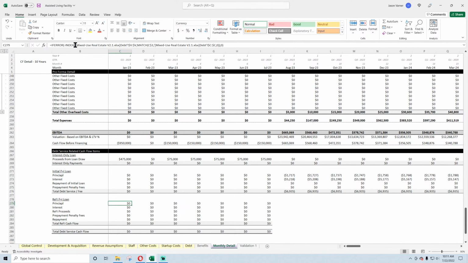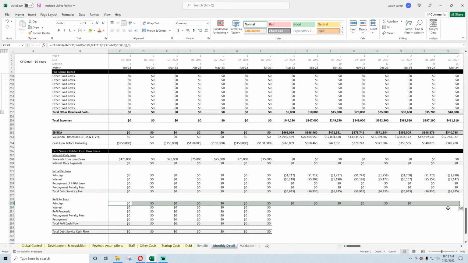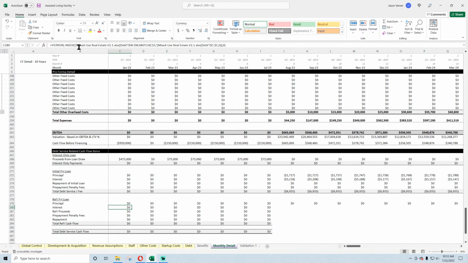Okay, and now we just gotta re-reference this section and we should be good to go. The hardest part of these is getting the monthly details down, that's the bulk of the work, and then the rest is just essentially making references.